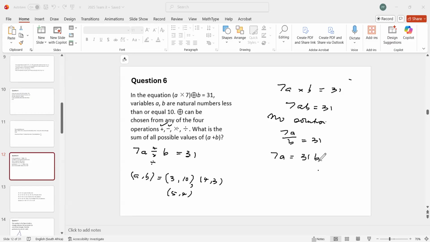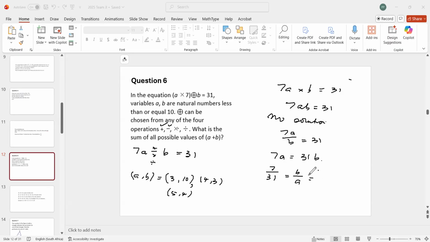So the other way of looking at this, I like this method: 7 over 31 is equal to B over A. Take equivalent fractions, because 31B equals 7A.